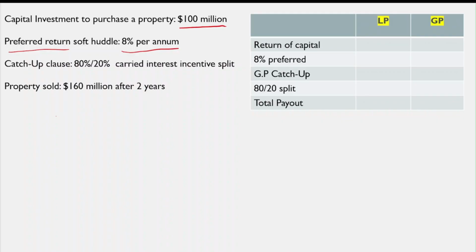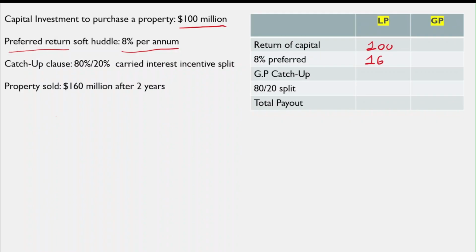So let's construct the waterfall of cash flows. As we said earlier, the limited partners will get their initial 100 million of investment first. After that, the limited partners will get the 8% preferred soft hurdle return. 8% of 100 is 8 million, and it's for 2 years, so they're going to get 16 million back.